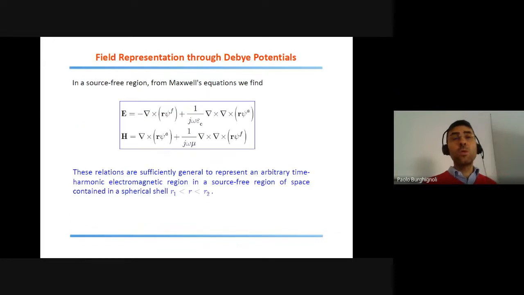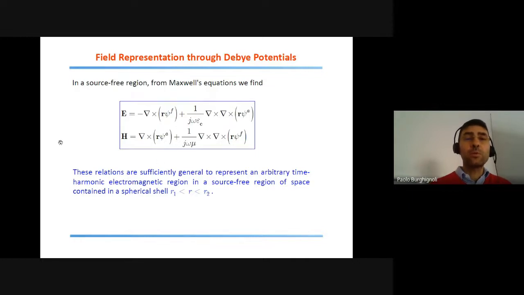What's their use? Well, once you have the potentials, you can calculate the fields, and in a source-free region, the fields can be evaluated immediately as curls and double curls of these vector Debye potentials.